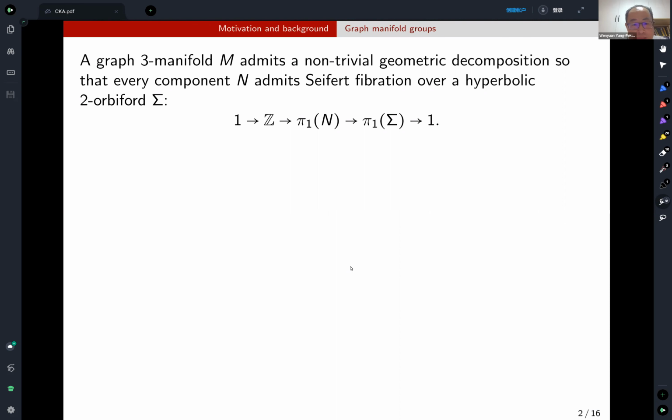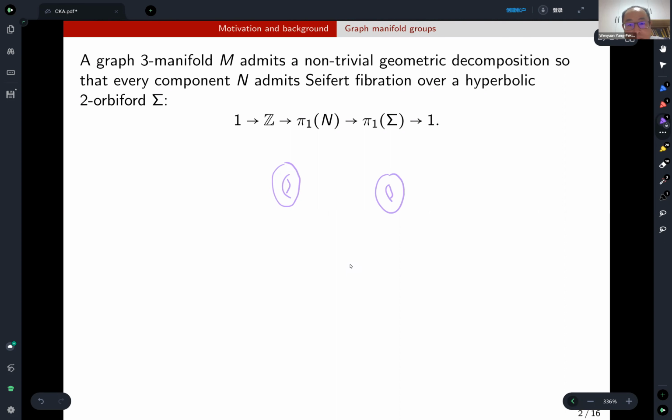So by this non-trivial geometric decomposition, I mean there's a minimal family of geodesic tori, such that the complementary components of these tori are Seifert fibrations in this case.